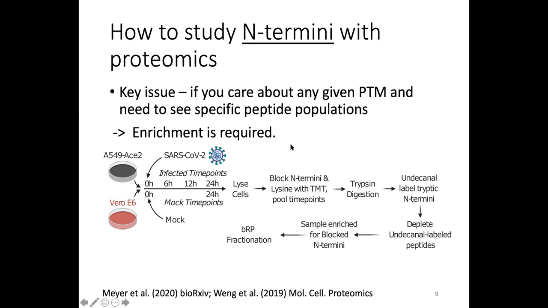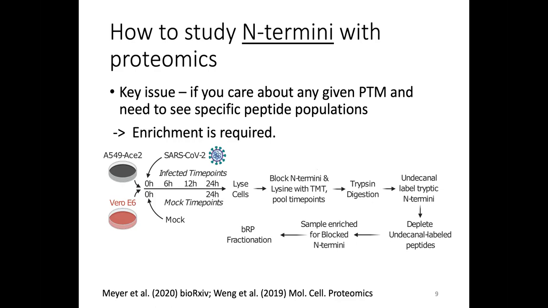After we blocked all the N-termini present in the original sample, so all the N-termini we care about, we proceeded to trypsin digestion. So we generate new unblocked N-termini. These unblocked N-termini are then labeled with undecanal. This allows us to deplete undecanal-labeled peptides, so those tryptic peptides that we don't want to see, by running these on a C18 column.